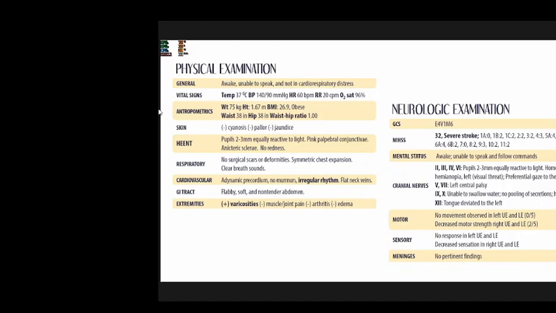Doc, 0.5 to 1.5 milligrams per kilogram body weight. Per what? Per day? Per dose?